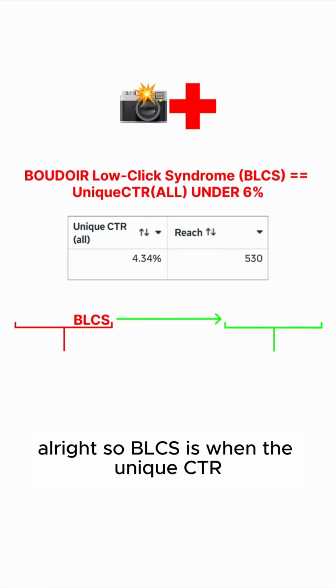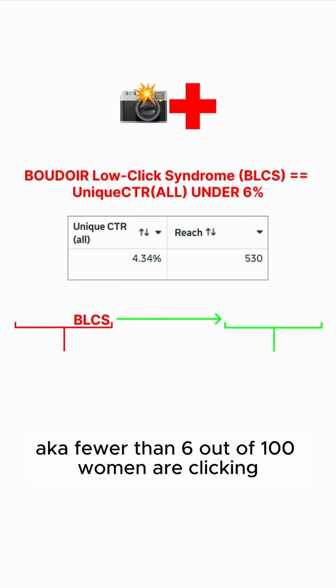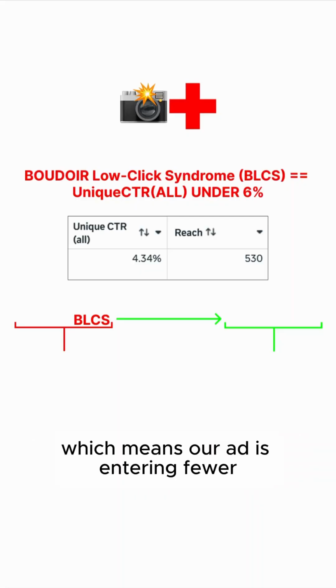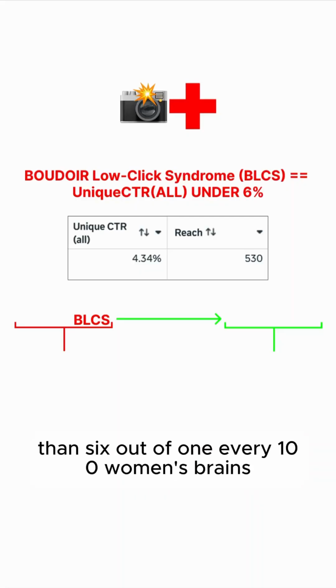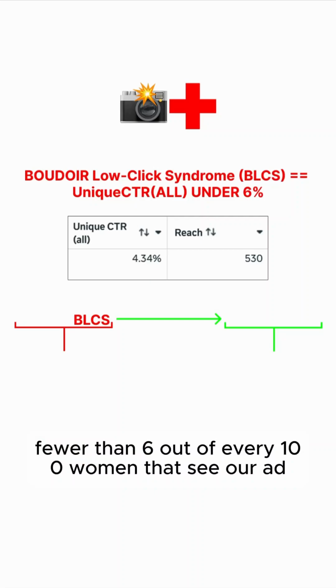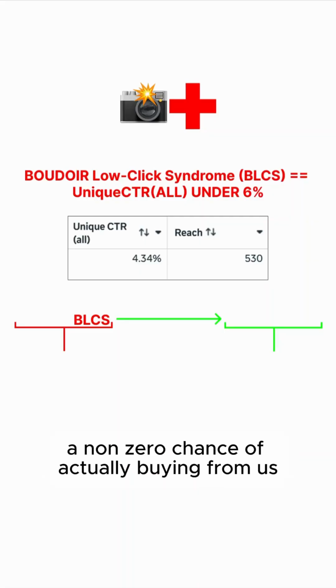BLCS is when the unique CTR on our Boudoir Facebook ad is under 6%, aka fewer than 6 out of 100 women are clicking somewhere on our ad, which means our ad is entering fewer than 6 out of every 100 women's brains, which means fewer than 6 out of every 100 women that see our ad actually have a non-zero chance of buying from us.